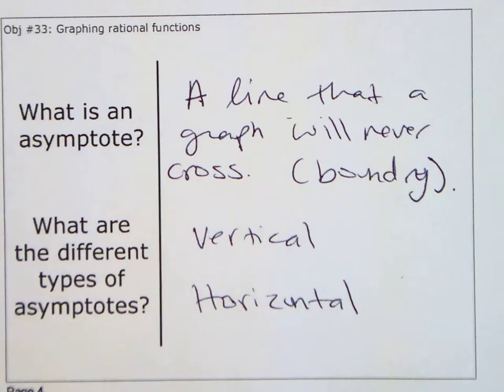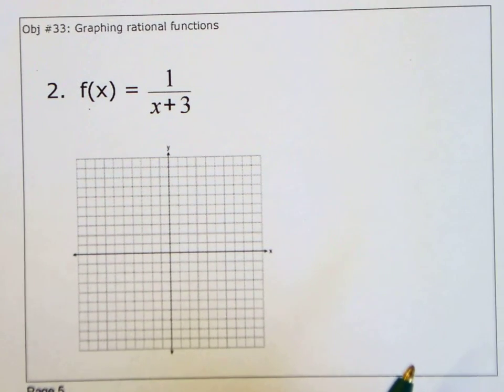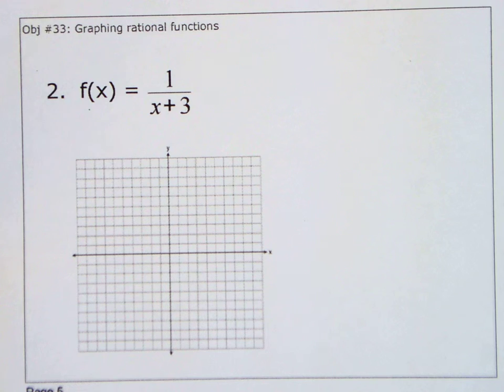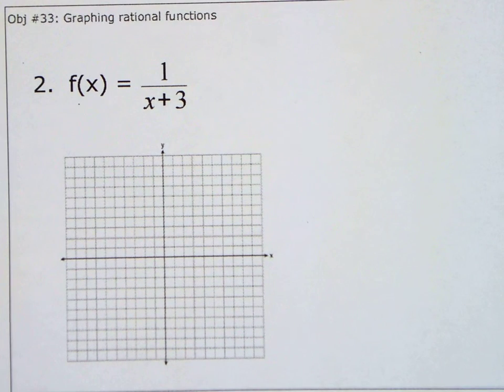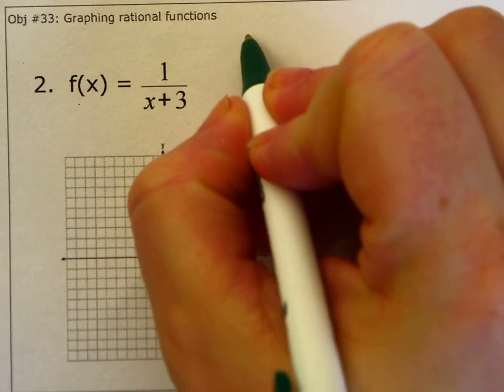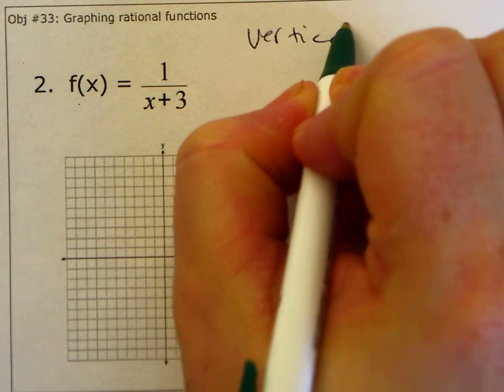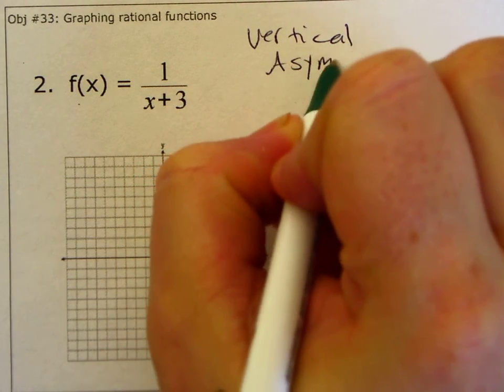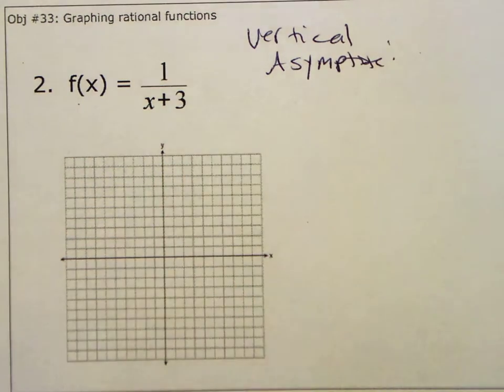All right, so let's look at another example. We're not going to plug in anymore; we're going to have a little method to do this. Let me zoom in a little bit. The first thing we're going to do is find our asymptotes. Our vertical is the easy one. Our vertical asymptote is basically just the domain. What can you not have when you have a fraction?